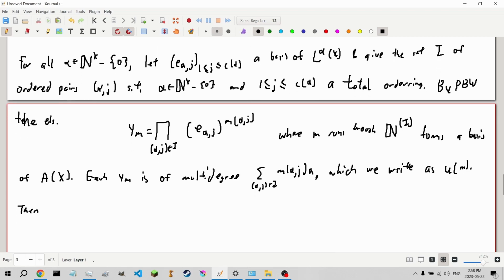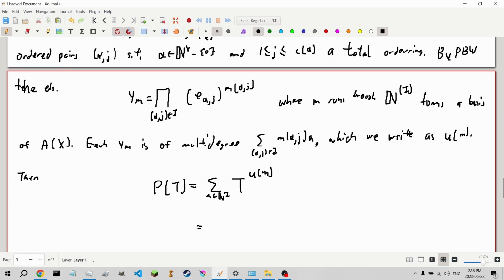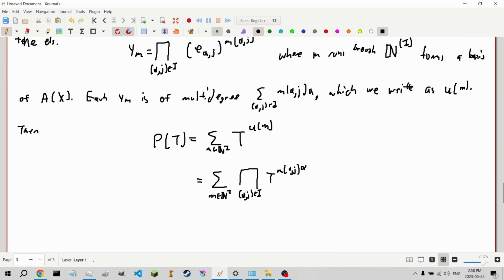Then P of t is a sum across m in N^I of t to the u of m, its multi-degree, which is equal to the sum across m in the naturals to the I times the product of (α, j) in I of t to the m_{α,j} times α.